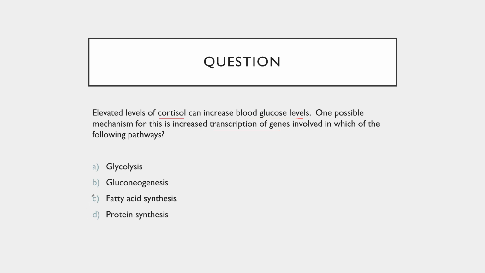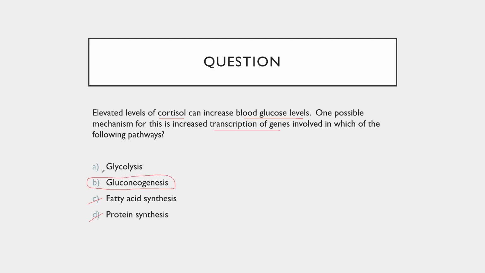So we know in the fasted state, these are going to be primarily catabolic pathways, so we won't be having synthesis of either fatty acids or protein. So that leaves us with glycolysis and gluconeogenesis. These two pathways are opposing, and in the fasted state, we're primarily producing glucose through the process of gluconeogenesis.